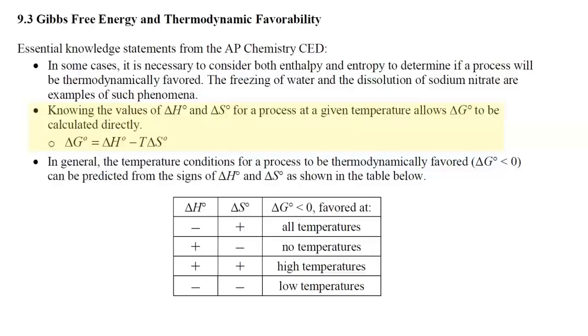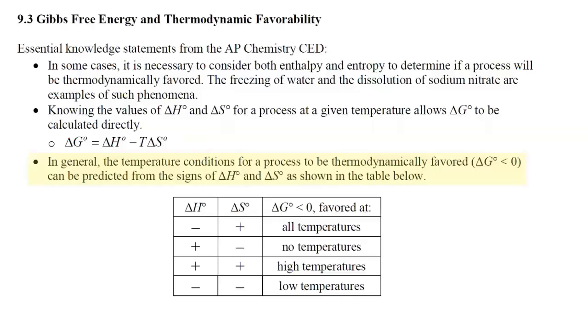And the equation delta G equals delta H minus T delta S, that is also featured on the AP Chemistry equations and constant sheet. In general, the temperature conditions for a process to be thermodynamically favored, where delta G is negative, can be predicted from the signs of delta H and delta S, as shown in the table below.